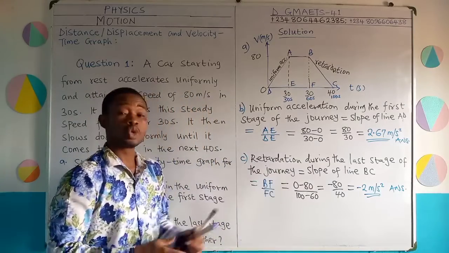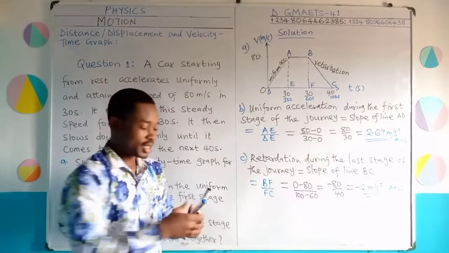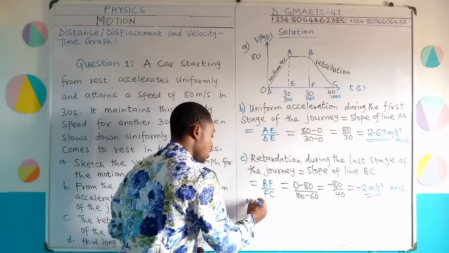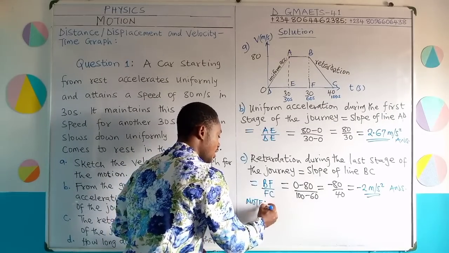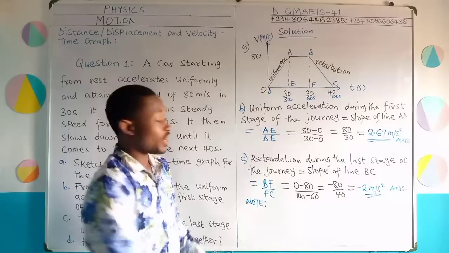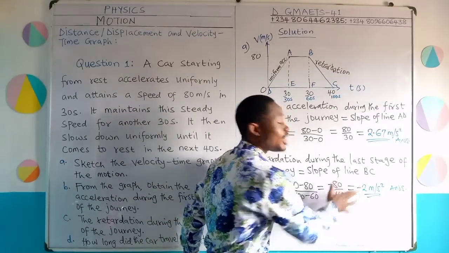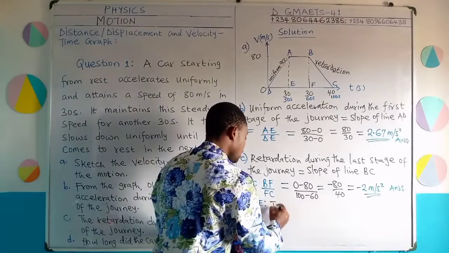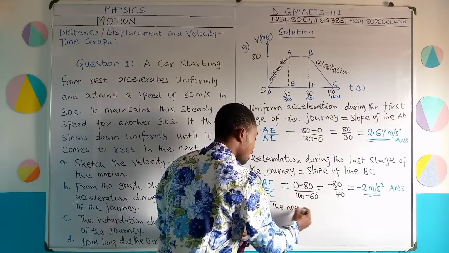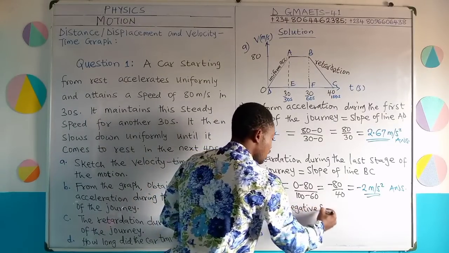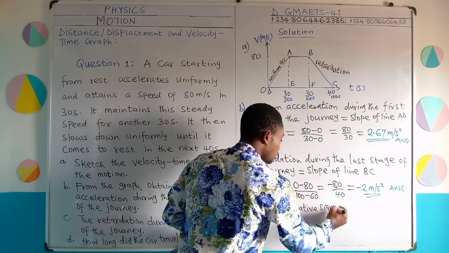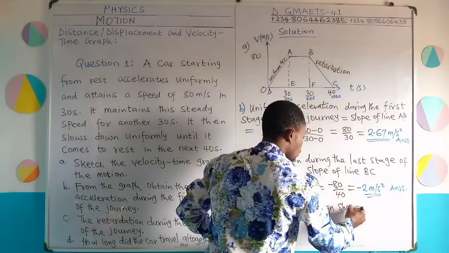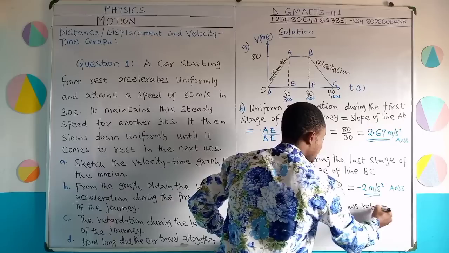Because I might choose not to put the negative. I may decide not to put the negative. So let me include the reason why we have negative there. Even if I wipe the negative, there is no error. So I would say the negative sign shows retardation, that is slowing down.